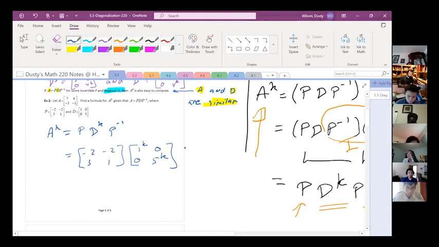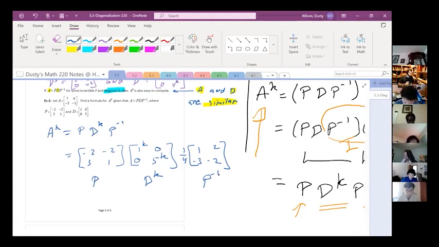Not A inverse, but P inverse. -2 plus 6, one over 4, times [1, -2; 2, -3]. Okay, thank you all for helping me with my arithmetic. So far, so good?